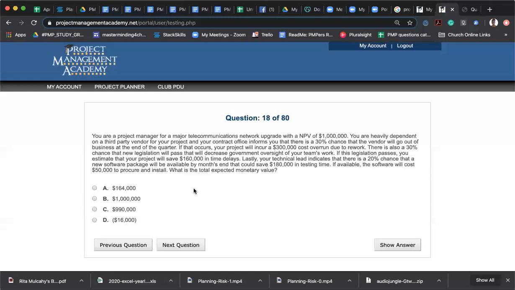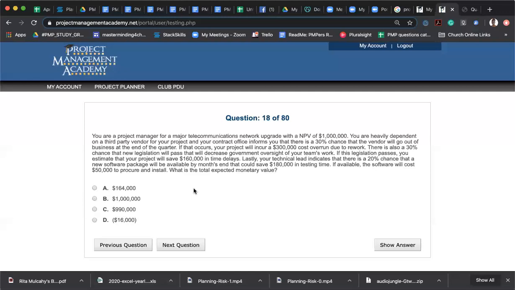Lastly, your technical lead indicates that there's a 20% chance that a new software package will be available by months, and that could save 180 in time. So that's 36 in probability, but then if available, the software will cost 50,000 in procurement. So do you subtract it first, then times 20%?